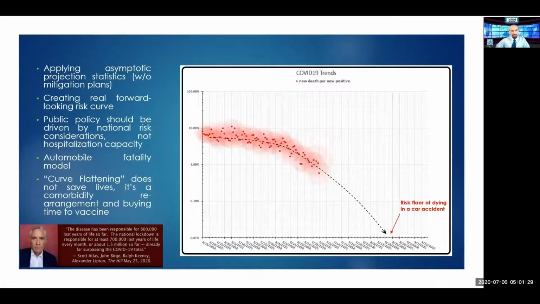Now, let's do something very interesting here. We have data up to the 4th of July, the date of this presentation. But what if we push the date outside the range of data that we have collected and we apply asymptotic projection statistics, that is, without mitigation planning?